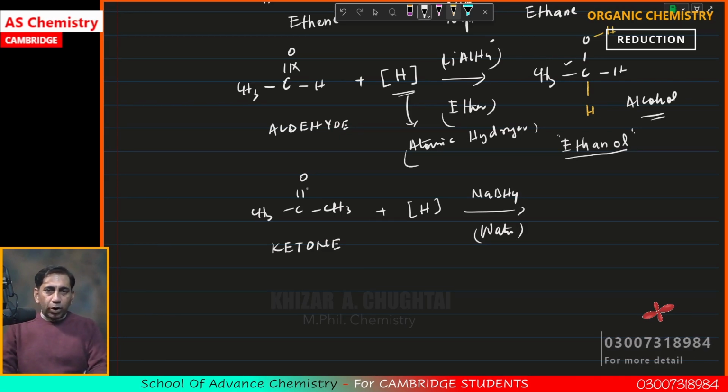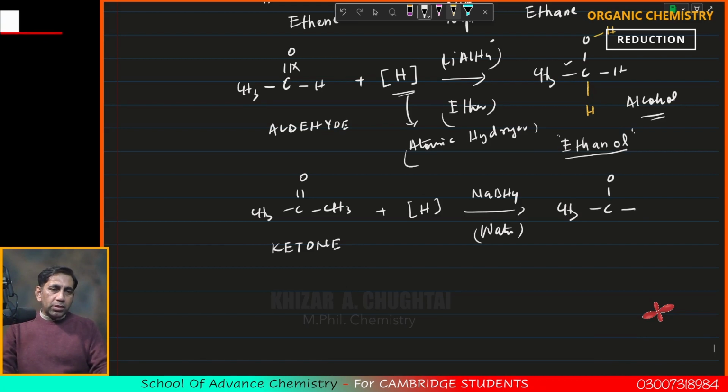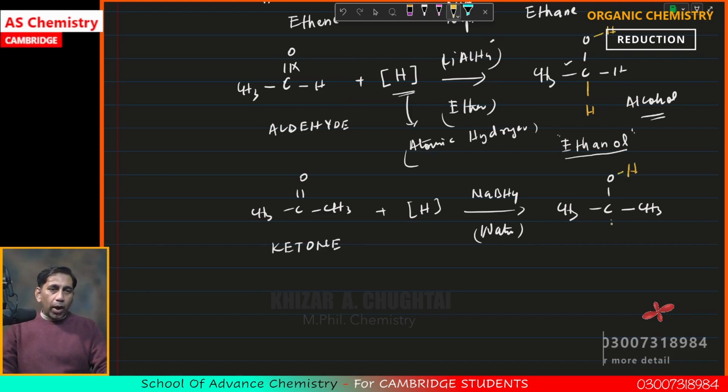Once again, this bond is broken down. Only one bond is broken. CH3, C single bond O, CH3 over here. And every time you will add hydrogen, one hydrogen on oxygen, one hydrogen on carbon. And boom, it's the answer. It's again alcohol, but that is a secondary alcohol.